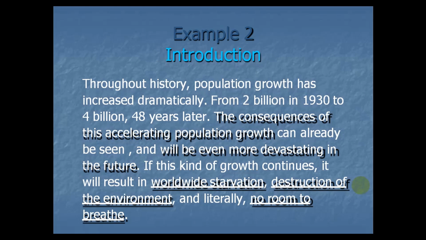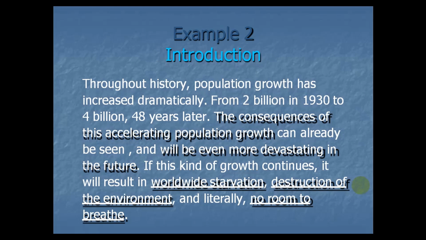And then: the consequences of the accelerating or increasing population growth can already be seen and will be even more destructive or devastating in the future. And that is the thesis statement. If this kind of growth continues, it will result in worldwide starvation, destruction of environment, and literally no room to breathe.